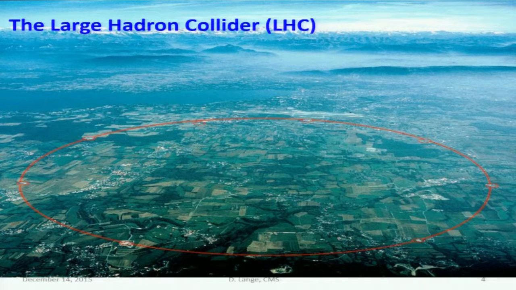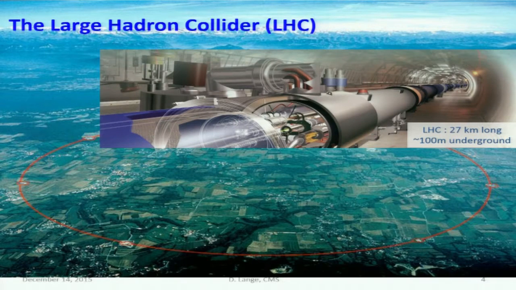Okay, so this is a photograph of what our accelerator complex would look like if it was above ground. So it's a red line on a PowerPoint because it's about 100 meters below ground, but it's located in Geneva, Switzerland, bordering Switzerland and France in that region. The tunnel looks something like this cartoon, about a 27 kilometer tunnel, 100 meters underground, with a series of superconducting magnets running through that provide the acceleration of our beams.